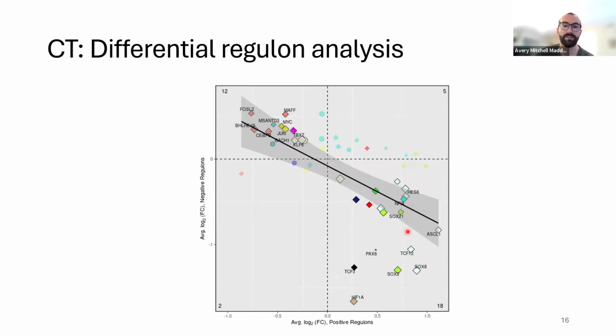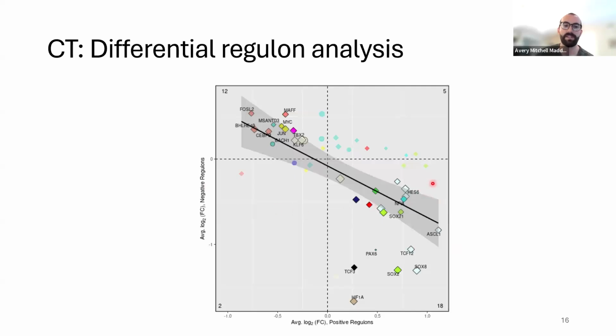The diamonds represent transcription factors that are differentially expressed, and the solid black outline denotes if their regulons are also differentially expressed in relation to this region versus all other regions. And on the X-axis, we see the positive targets of this transcription factor, so the positive regulon. And on the Y-axis, we see the negative targets of that transcription factor, the negative regulon.